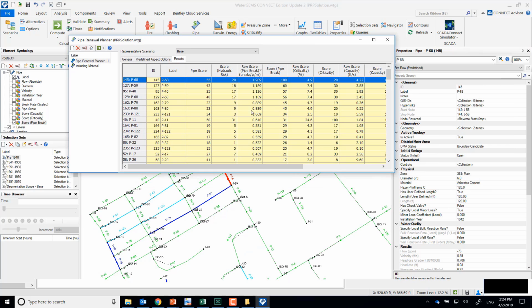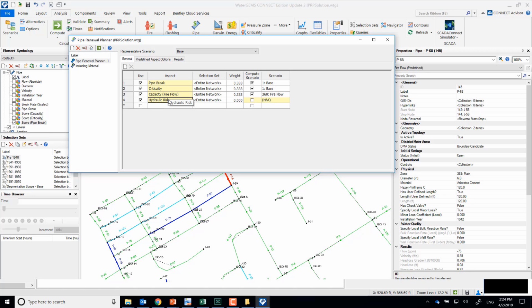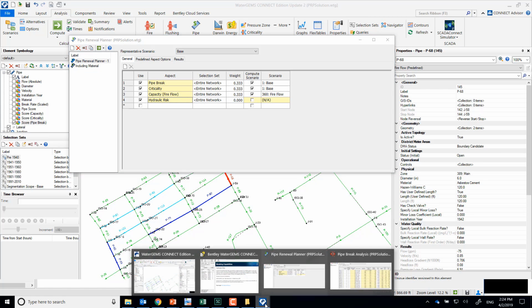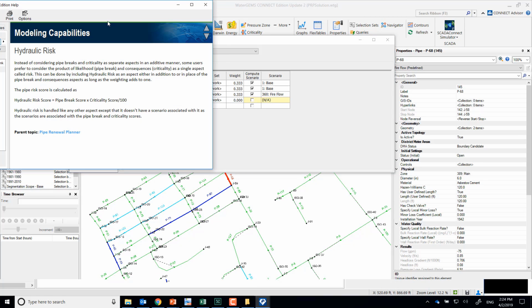Okay, so we combine, I didn't show you this, but there's also something that we didn't talk about. It hasn't been updated in our PowerPoints, which was hydraulic risk. And hydraulic risk is a combination of pipe break and criticality into one. So no fancy concepts, just adding up those two scores.